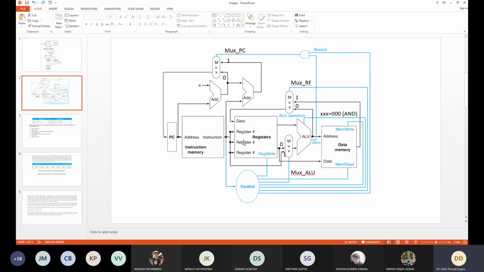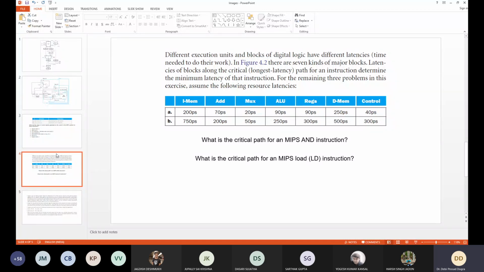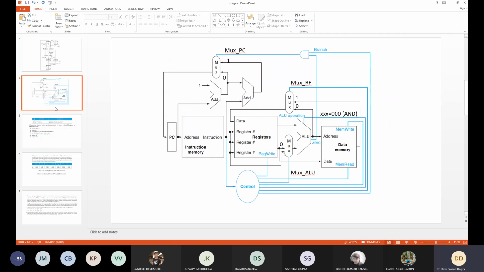Second case, let's say you are talking about the addition operation. Addition operation takes 70 picoseconds for the first instruction. This adder takes 70 picoseconds. So what is your question then?